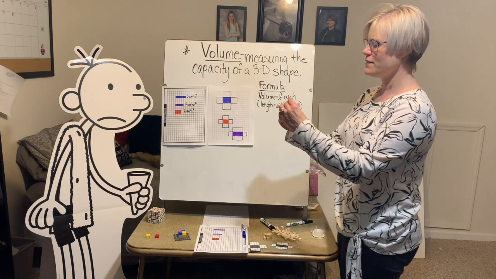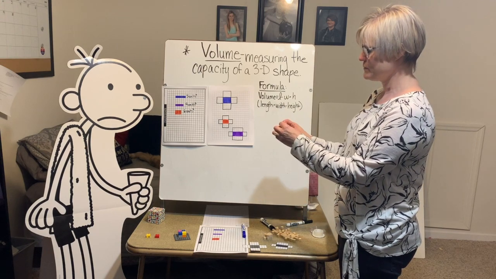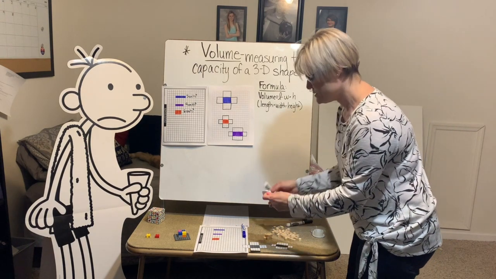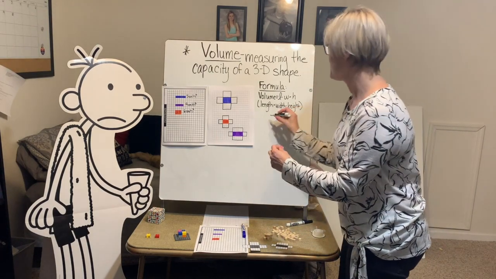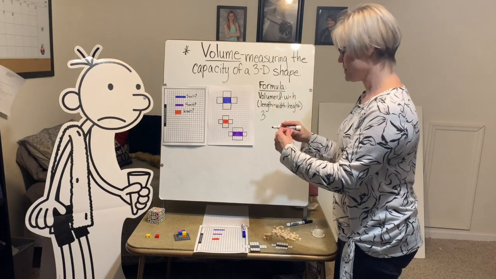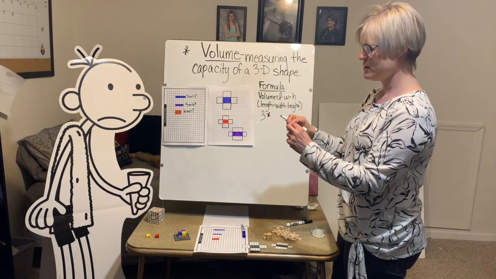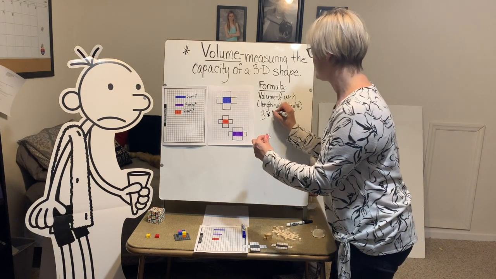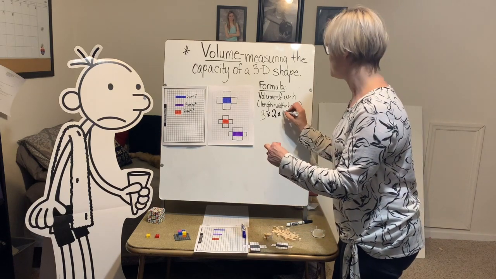And I'm taking a look at that, and I have to look at the length. I've got the length, which is 3 times my width, which is 2, times my height, which is also 2.